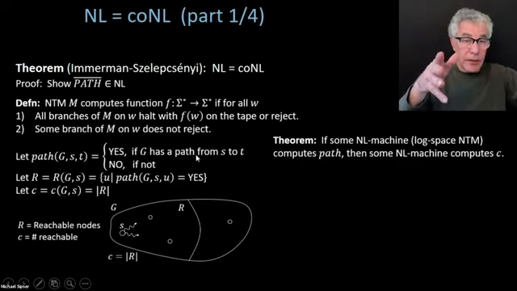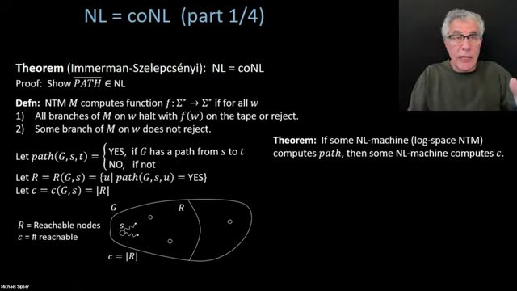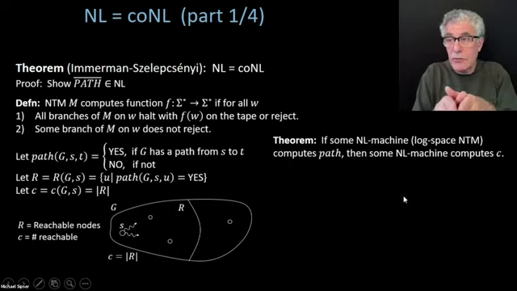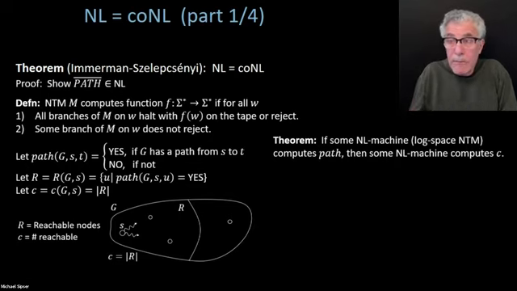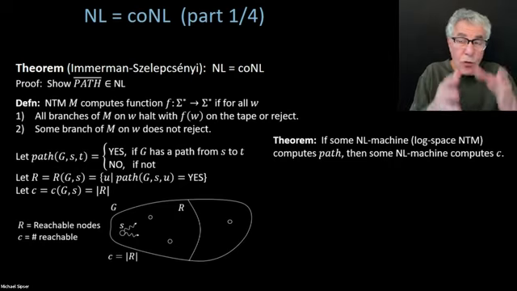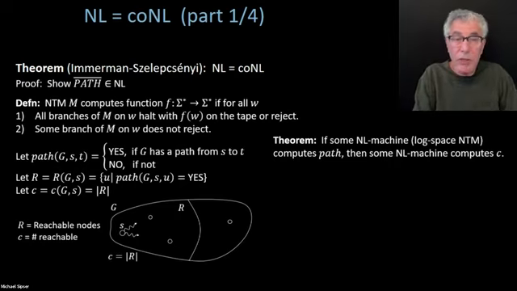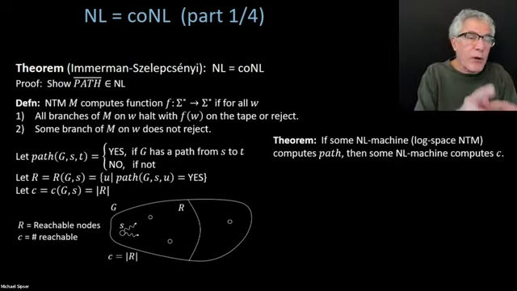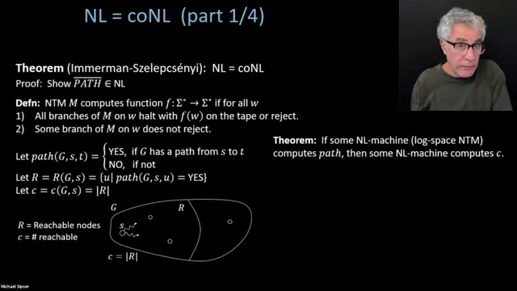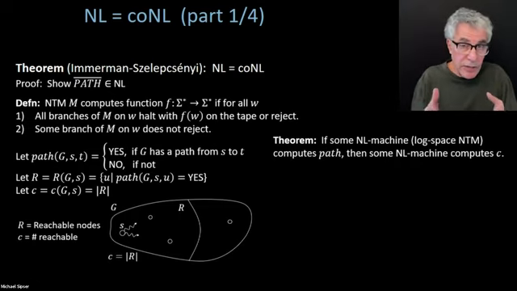On the different branches of the non-determinism, given a graph G, S, and T, some branches may output yes, some may output no, and other branches may say I don't know. But the machine always has to give the right answer if it's going to give any answer. So all branches have to say yes or punt, or all branches have to say no or punt, because one of those answers is going to be the right answer.